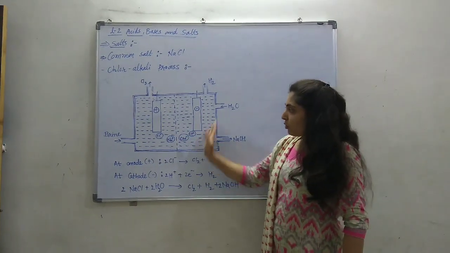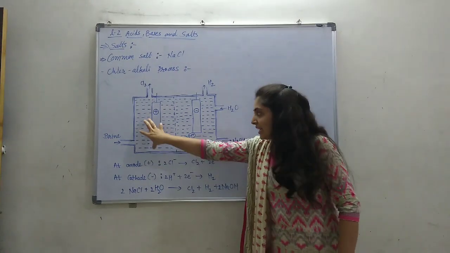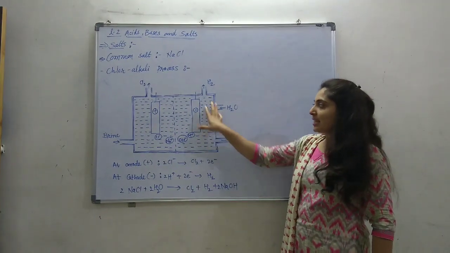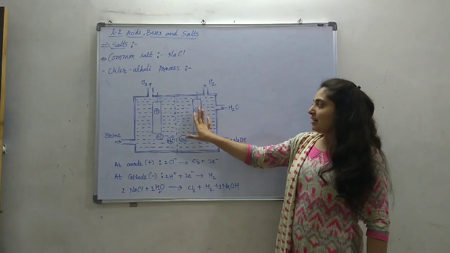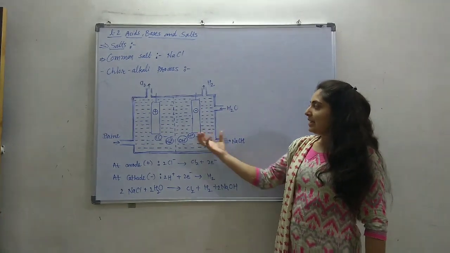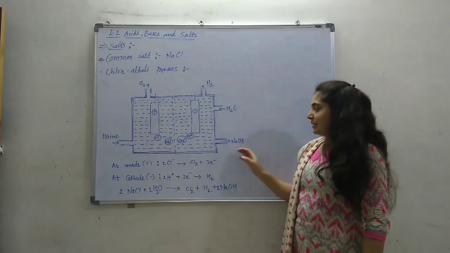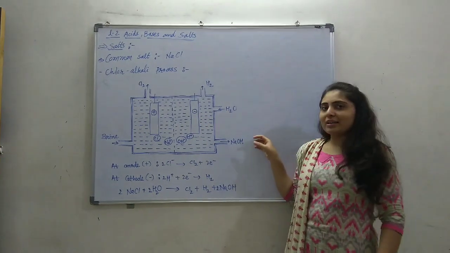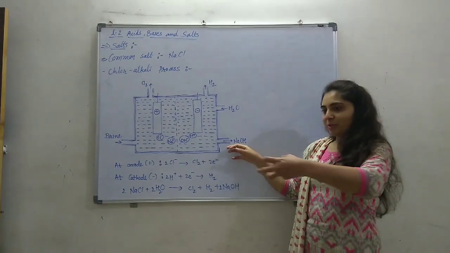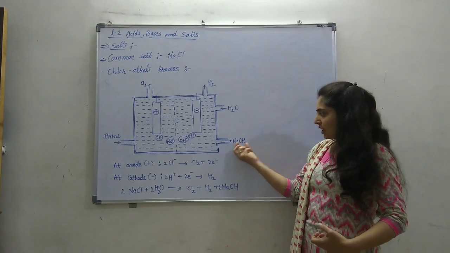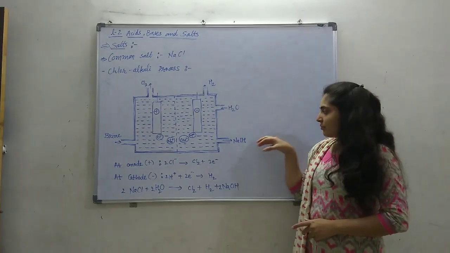So OH- is not going to that side, only Na+ is coming this side. This part of the cell contains NaOH, and the solution will be collected and NaOH obtained from it.